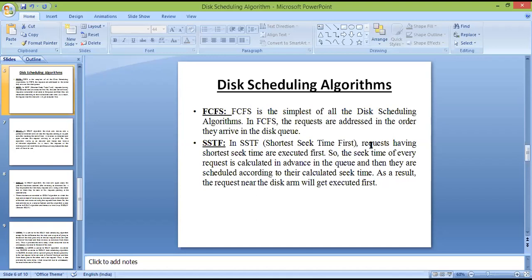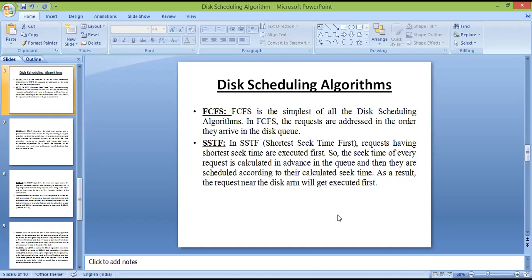That type of algorithm is known as shortest seek time first. Definition: requests having the shortest seek times are executed first, so the seek time of every request is calculated in advance in the queue itself, and then they are scheduled according to their seek time.